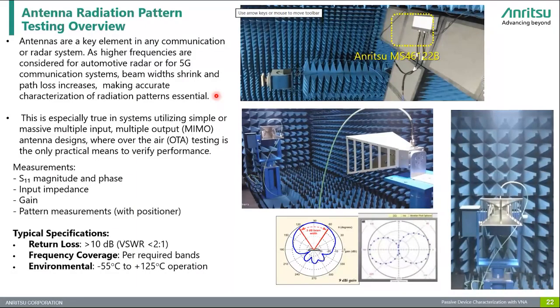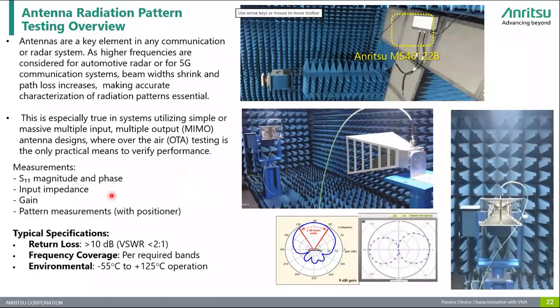This is even more important in systems using multiple input, multiple output technology, whether simple or massive MIMO. In such systems, the interaction between multiple antenna elements can significantly affect overall system behavior. Here, over-the-air testing becomes essential as it offers the only practical way to evaluate real-world performance.